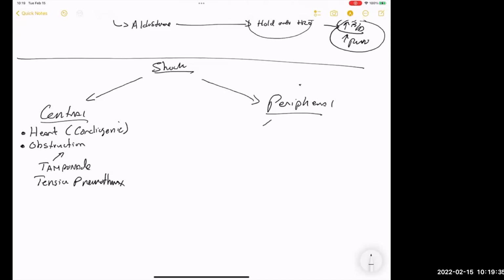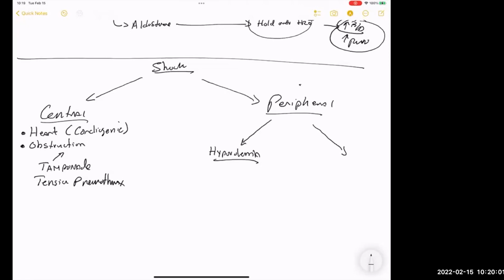And this really comes down to two major subcategories. You have what's called hypovolemia. Hypovolemia is just a loss of volume, and that could be due to dehydration, hemorrhage, or excessive vomiting or diarrhea.